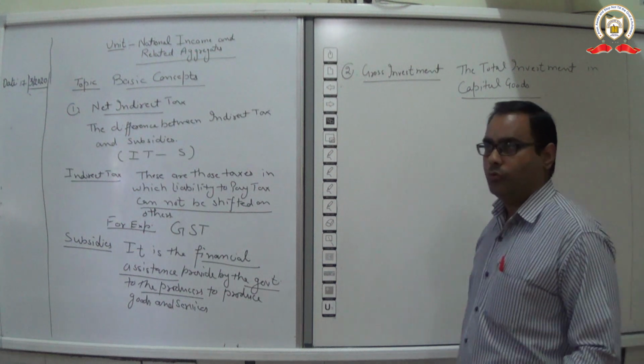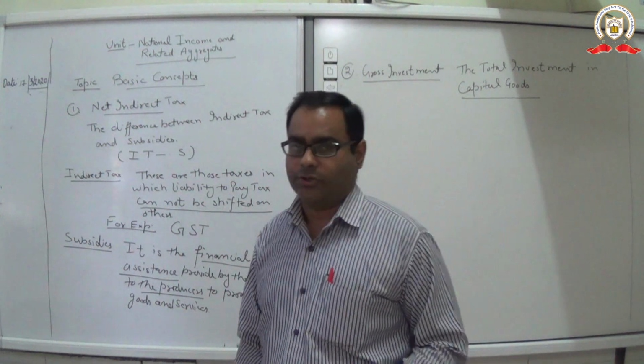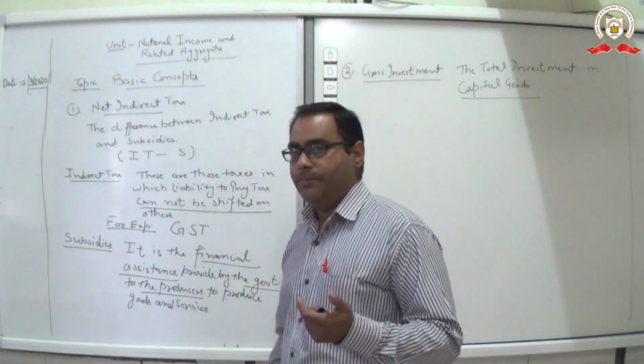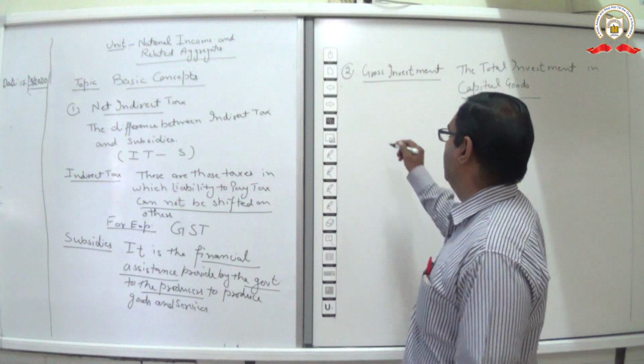Capital goods are those goods which are used for further production, like machines, equipment, plants, buildings, etc.